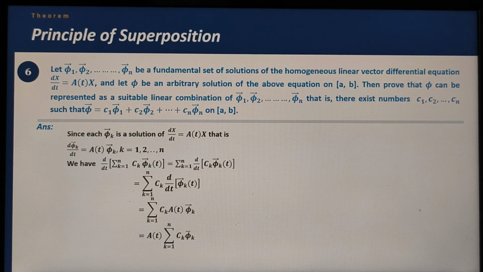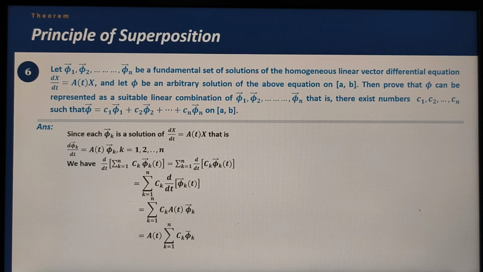We know that the derivative is distributive, that means the summation of d/dt of ck phi k(t), and ck is a constant, so ck can be taken out from the derivative: summation k = 1 to n of ck d/dt of phi k(t).